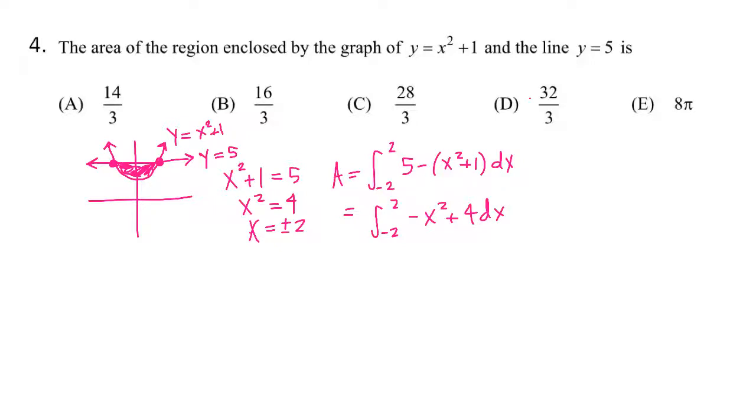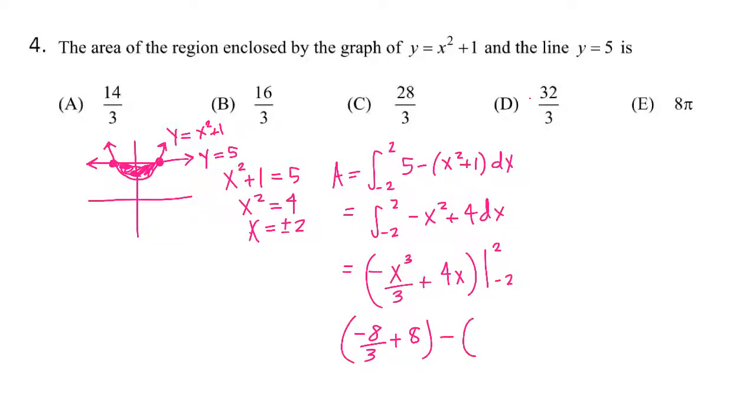And now we're ready to integrate. All of this other stuff we have not integrated yet. So we have negative x cubed over 3 plus 4x, and we are evaluating this from negative 2 to 2. So if we plug in 2, our top endpoint, we're going to have negative 8 thirds plus 8, minus our other, let's plug in the negative 2. So that's going to give us a positive 8 thirds minus 8.